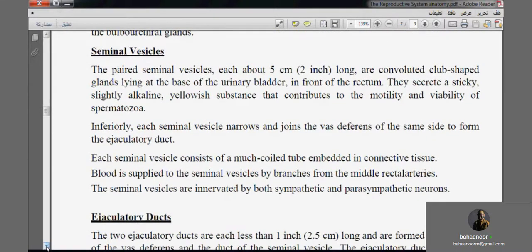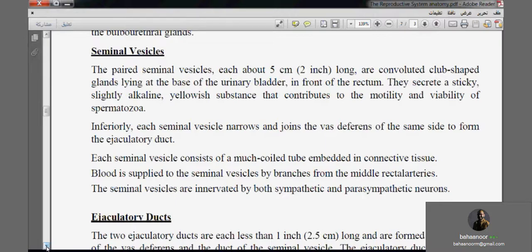Inferiorly, each seminal vesicle narrows and joins the vas deferens of the same side to form the ejaculatory duct.